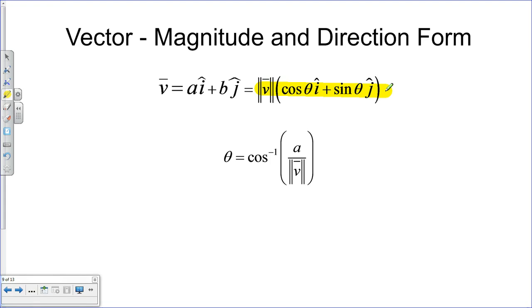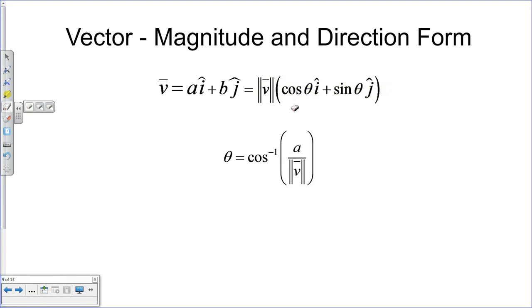So we think about the A and the B as an X term and a Y term. The magnitude of V is that radius. It's that distance from the center. So finding that magnitude of V, we've seen it, we've done it, we love it. It's Pythagorean's theorem. Those two thetas in cosine theta and sine theta are always the same.